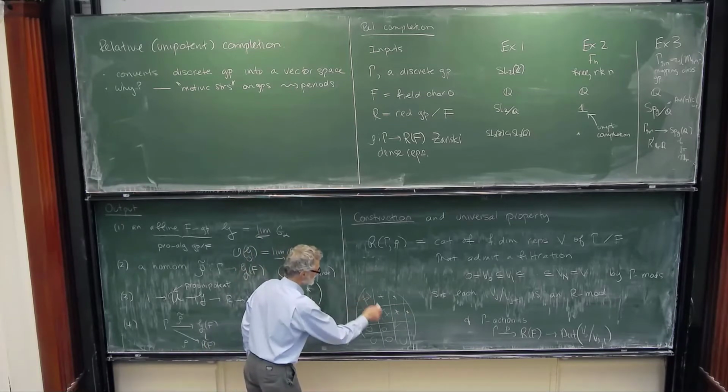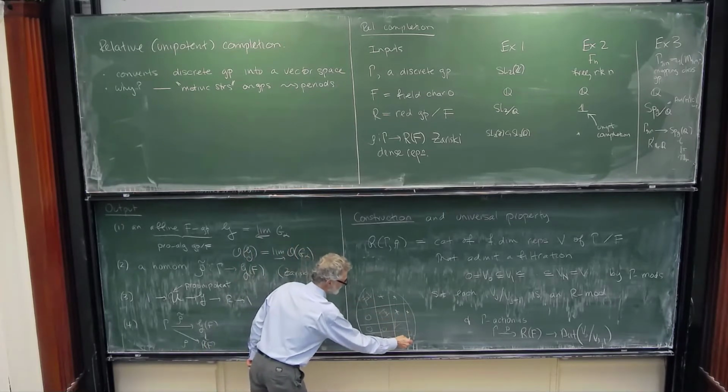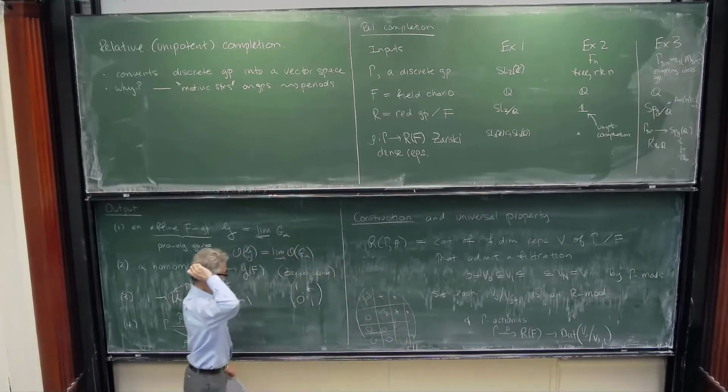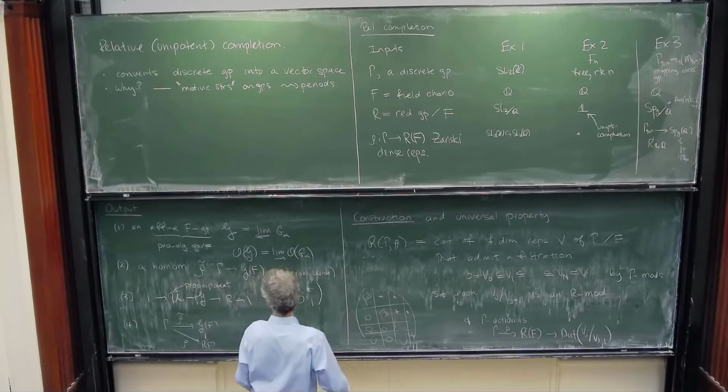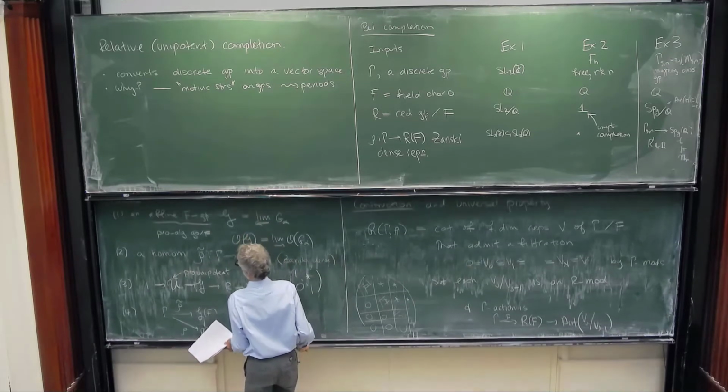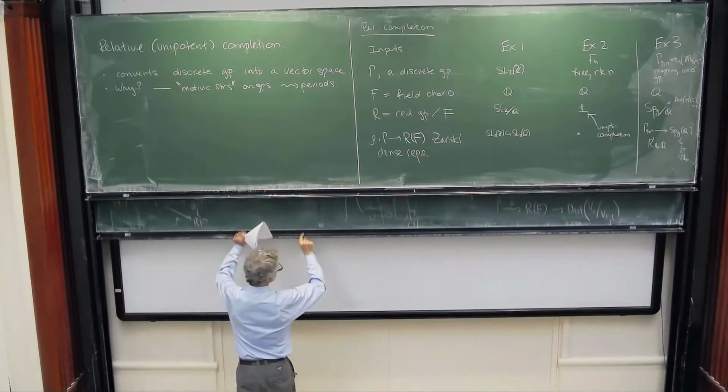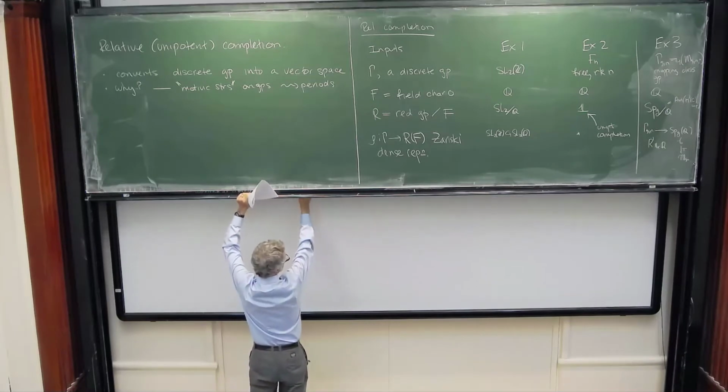So in some sense you've got, you know, some Schur functors of rho or something like that along the diagonal.